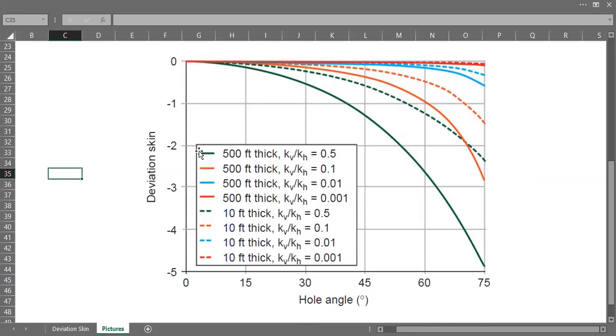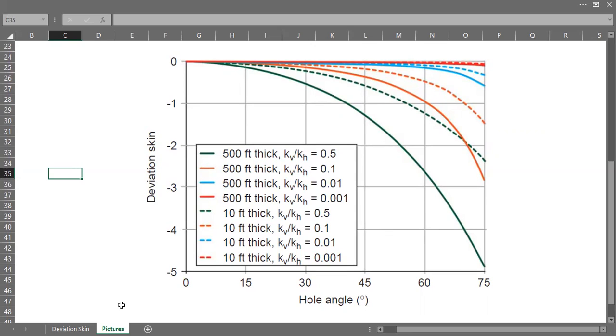On the vertical axis we have negative deviation skin, and on the horizontal axis we have the well angle. And here we have the net pay thickness of the reservoir and the permeability ratio between the vertical and horizontal permeability. This is the type curve. In this video, I will show you the calculation using the Cinco relationship to calculate the skin due to deviation.